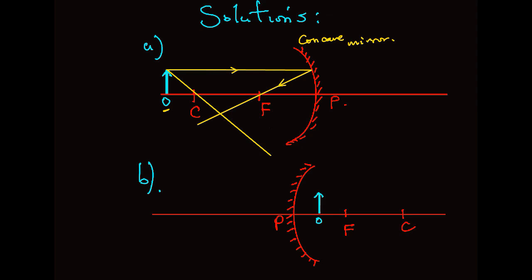So that if the mirror is extended, then they would meet at a certain point. So this is also a ray through C, which is reflected to pass through the same path after reflection. So in this case, the image of the object would be between C and F, so that the image is at this point.